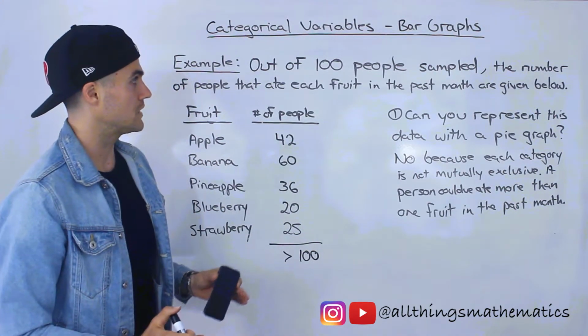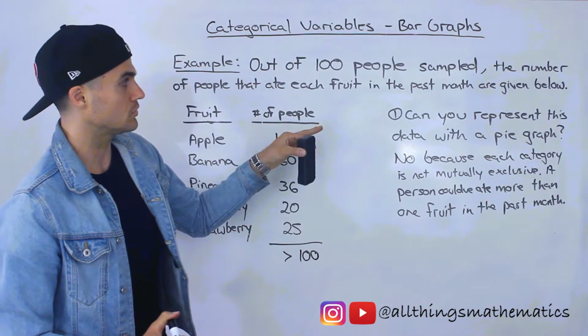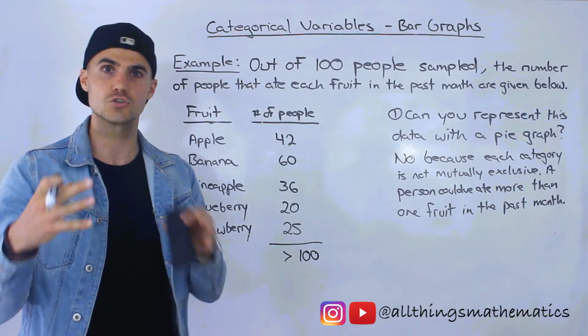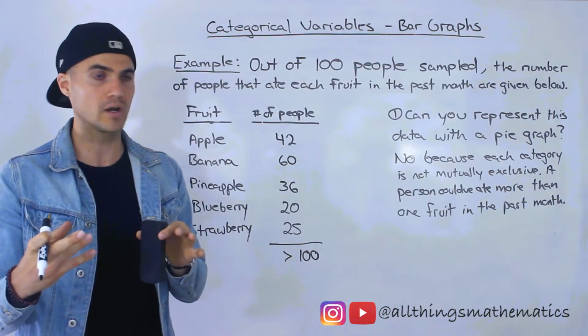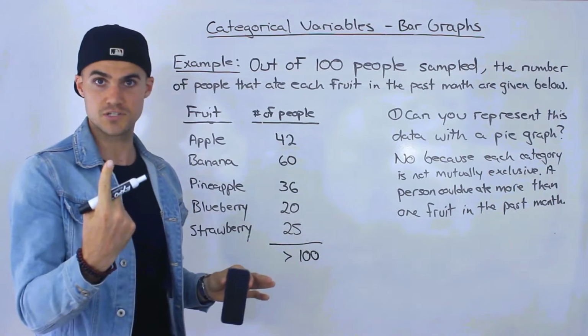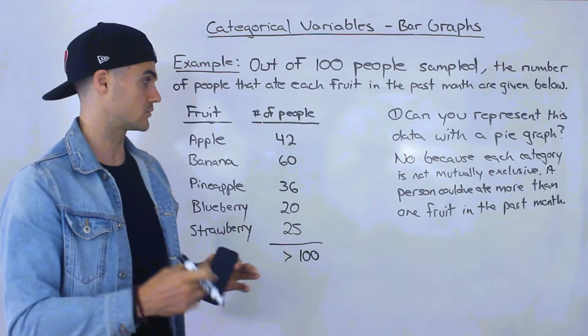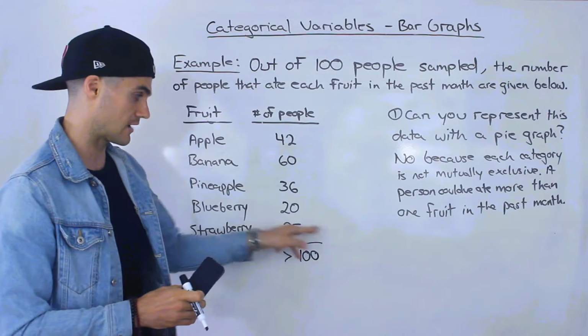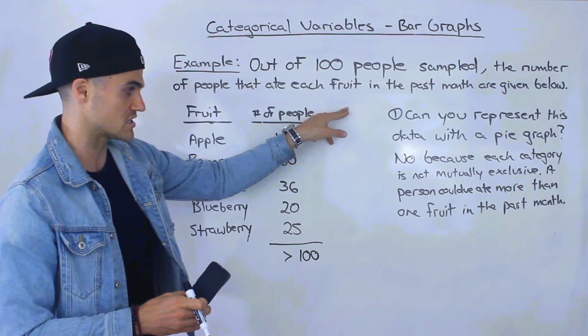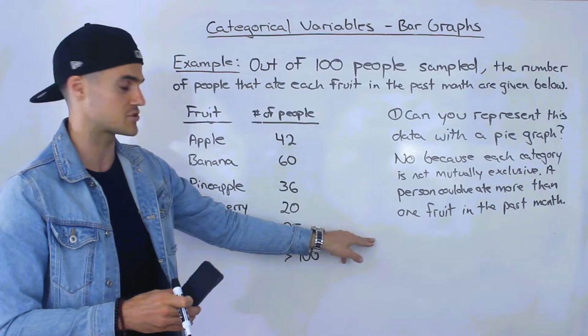Maybe another example would be, out of 100 people sampled, we asked everyone what is the most recent fruit that they ate. Assuming that they weren't eating multiple fruits at once, each person is only going to be able to pick one fruit. Then these numbers again are going to add up to 100, or the percentages are going to add up to 100%.